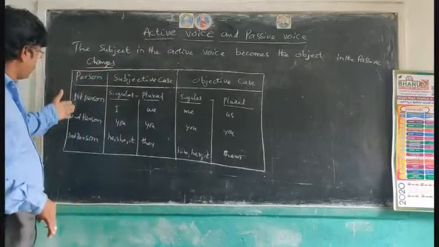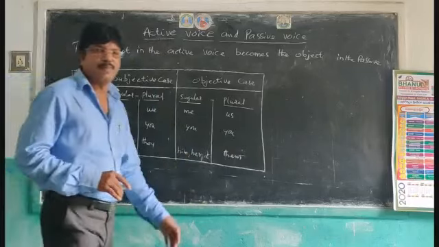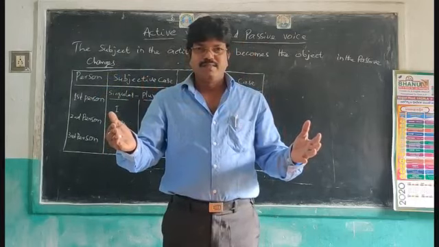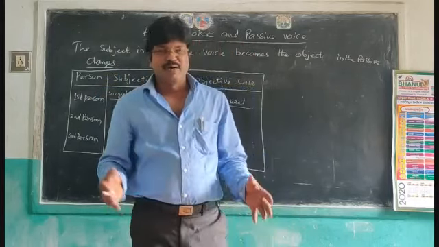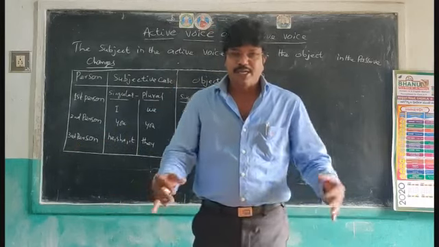Here we have three persons: first person, second person, third person. First person means me, second person means you, and third person means Rama, Krishna, Sita, child, lion, cow, who are not here.